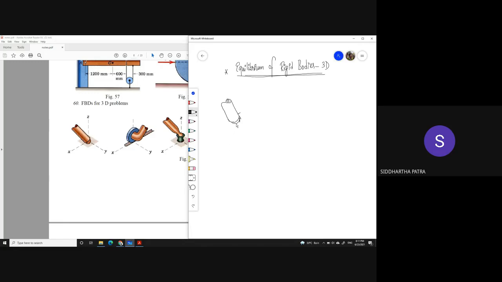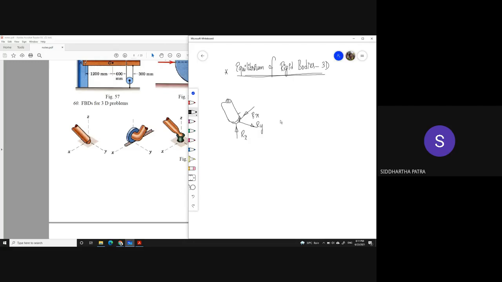Then you can imagine a single support reaction, which would be Rz. But if the surface provides friction, then you might also expect Rx and Ry.